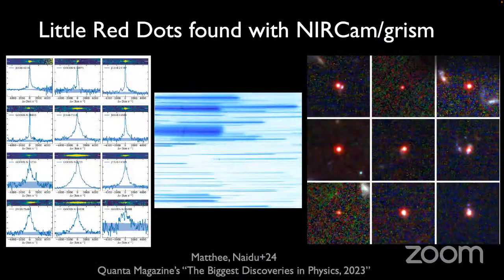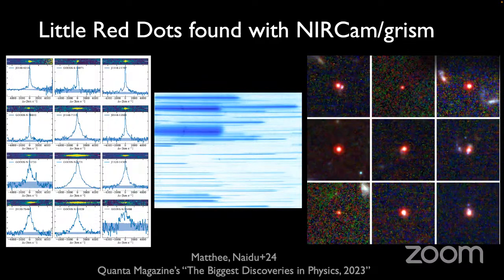A prime example of this is this class of objects that many of you have already asked me about this week, the little red dots. So these objects were found with the NIRCam prism technique, where we saw all these broad lines showing up everywhere. And then when we went and looked at their images, we found them to be these extremely compact objects that we now know to be broad-line AGN, an enormous number of them, much larger than what any models had predicted.